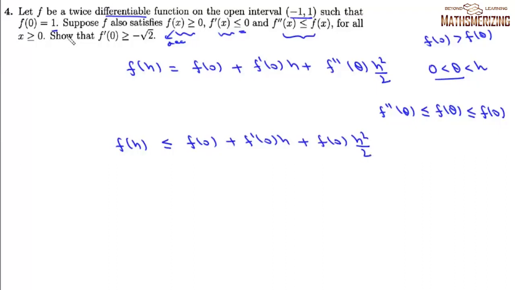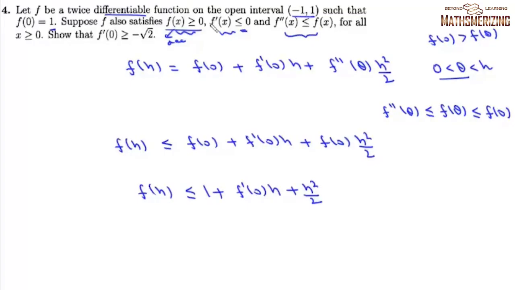Now f 0 is 1. So we can write f h is less than or equal to 1 plus f dash 0 h plus h square upon 2. Now we know that f double dash x is less than or equal to f x.